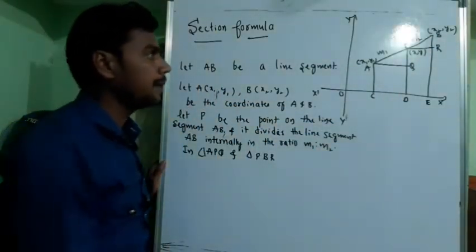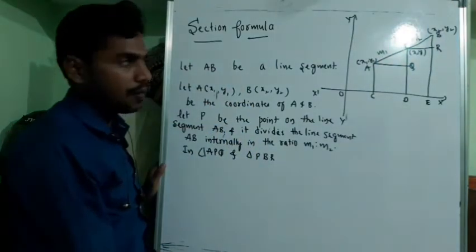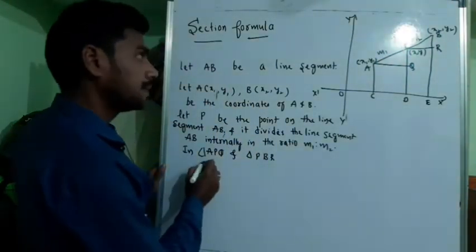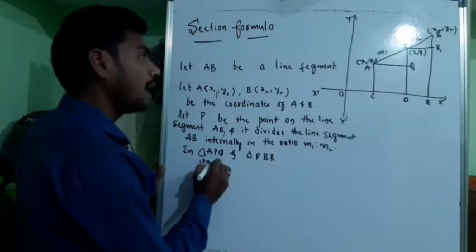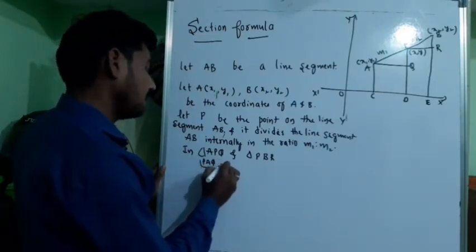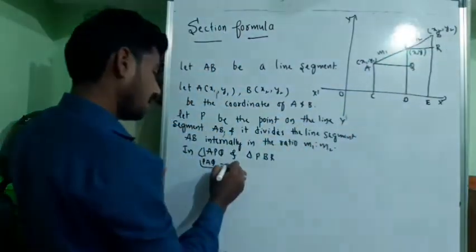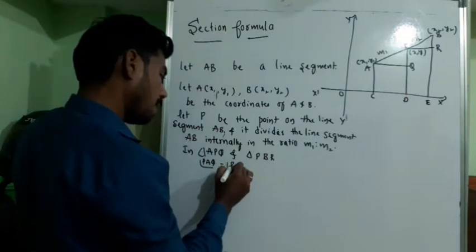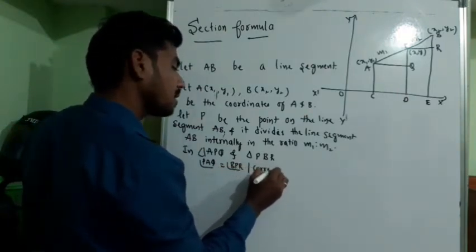For that, since AQ is parallel to PR, we can write angle PAQ is equal to angle BPR. Why? Because those are corresponding angles.